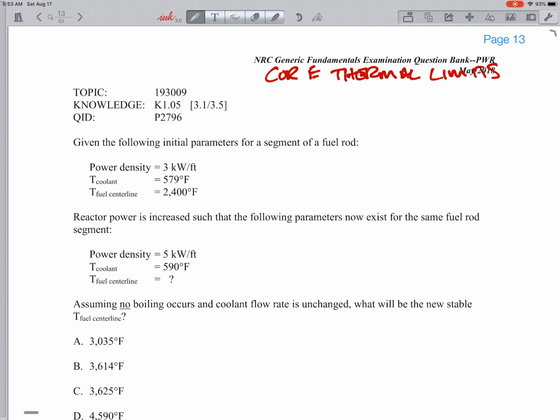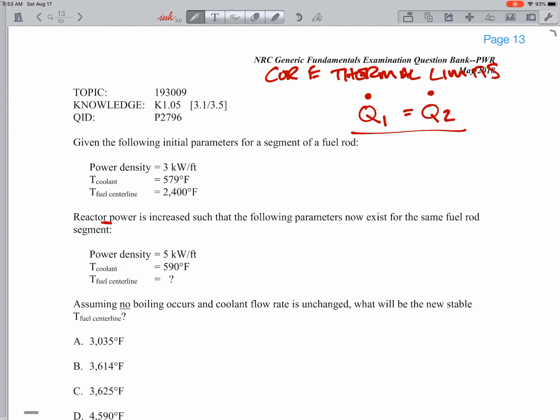So you recall earlier, we did the different fuel centerline temperatures, but we assumed that the power levels and the coolant temperatures were going to stay constant, right? So that would lead us to believe that Q dot in state 1 is equal to the thermal power in state 2. Well, if you look in this case, given the following initial parameters for a segment of fuel rod, 3 kilowatt per foot power density, LPD, linear power density, coolant temperature of 579, and a fuel centerline temperature of 2400.